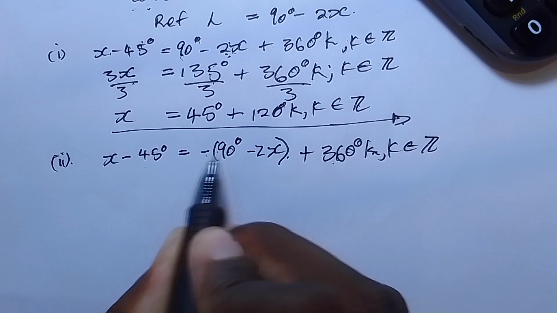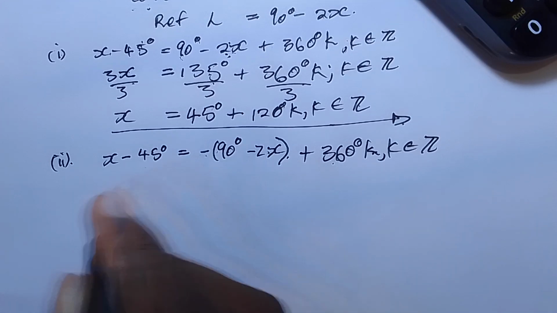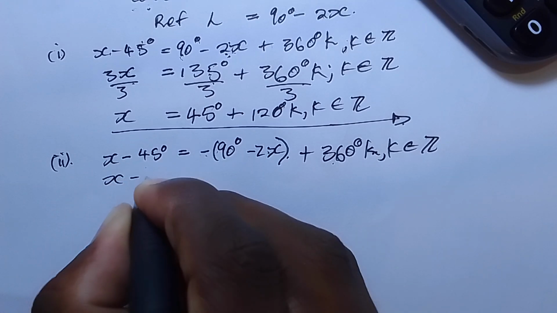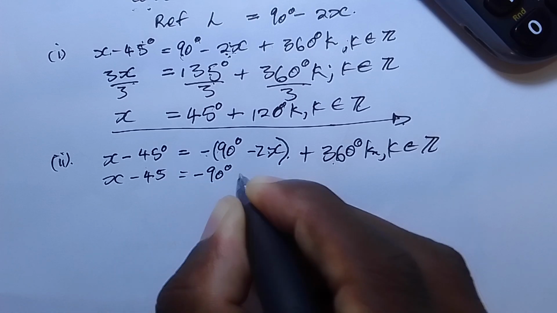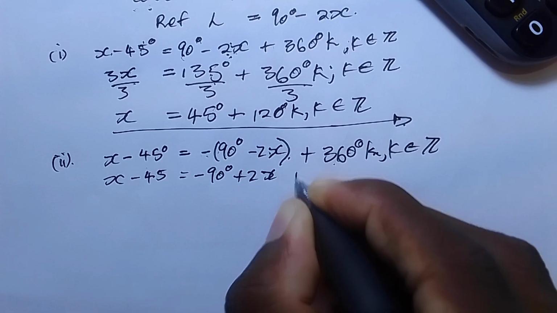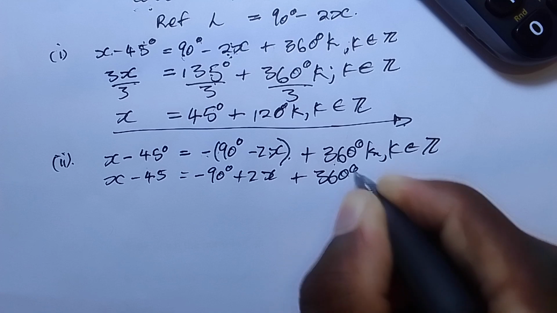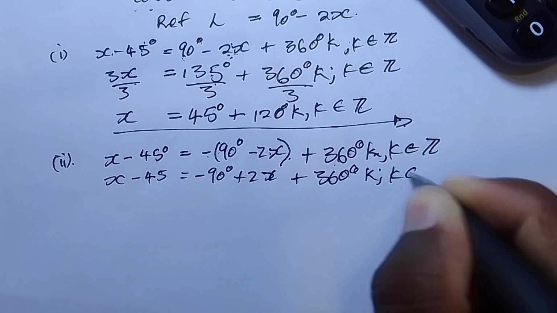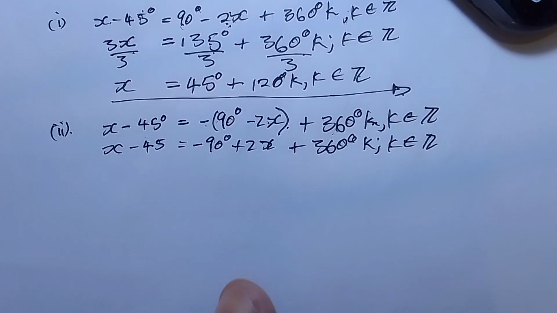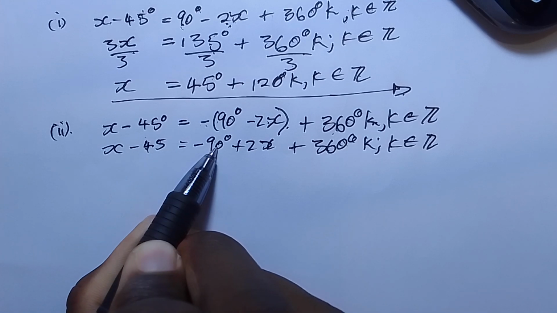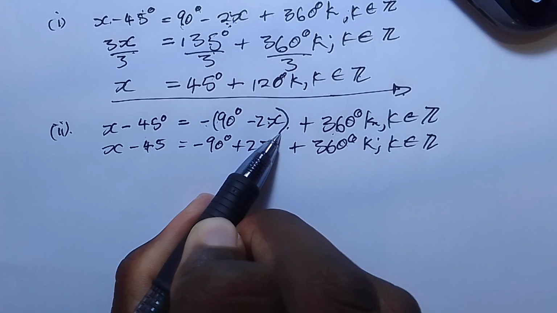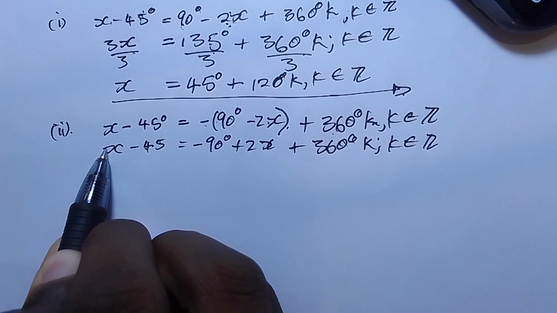Now distribute the negative sign into this. You have x - 45 is equal to -90° + 2x + 360°k, where k is an element of integers. Take this 45 and transpose it to the right hand side, and take the 2x and transpose it to the left hand side.